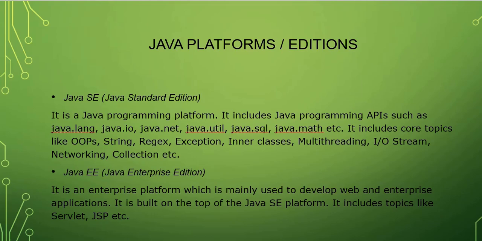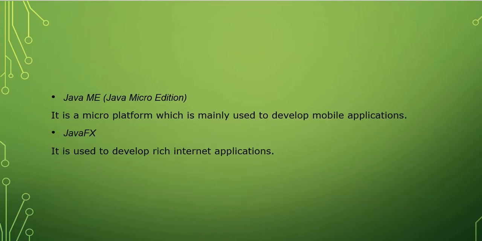Okay, and the second one is what? Enterprise Edition. It is used to develop web and enterprise applications. It is built on the top of the Java Standard Edition platform. It includes servlet, JSP, etc. The third edition is what? Micro Edition. So what is it?